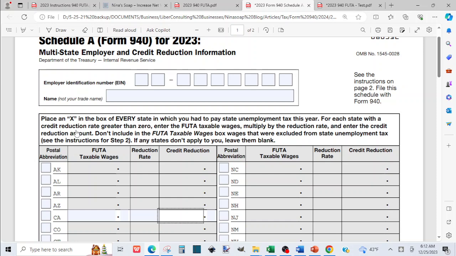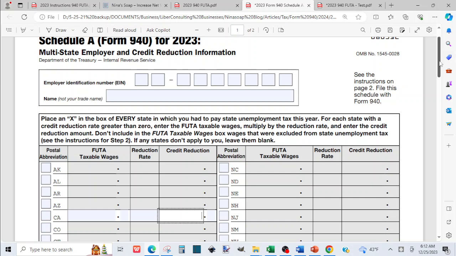For each state with credit reduction rate greater than 0, enter the FUTA taxable wages multiplied by the reduction rate and enter the credit reduction amount. Don't include in the FUTA taxable wages box wages that were excluded from state unemployment tax. See the instruction. If any states don't apply to you, leave them blank.